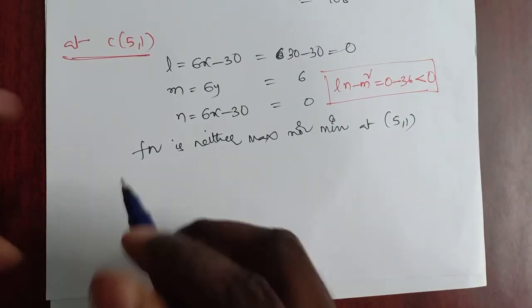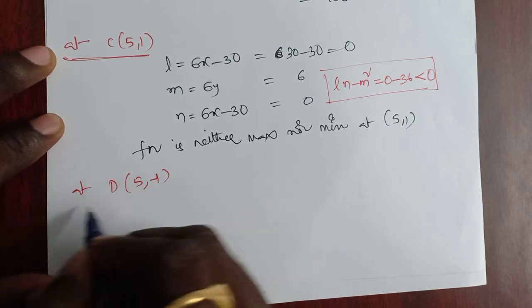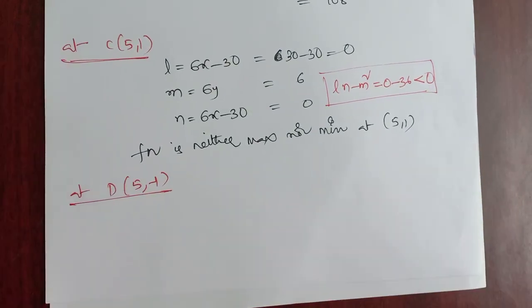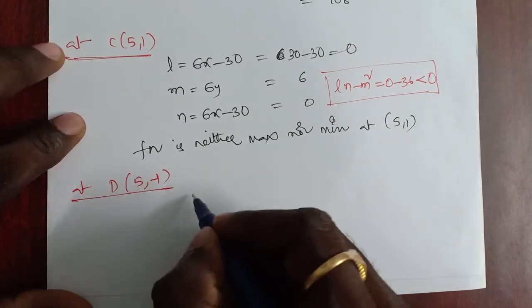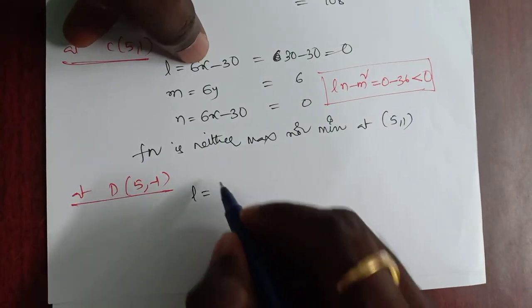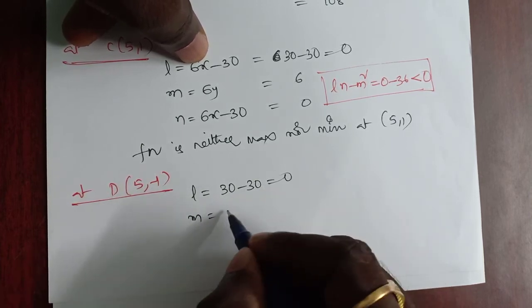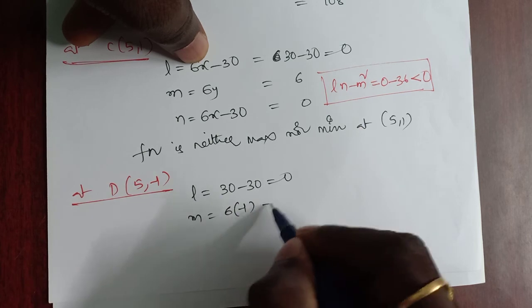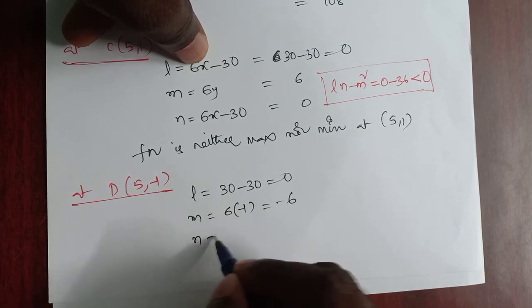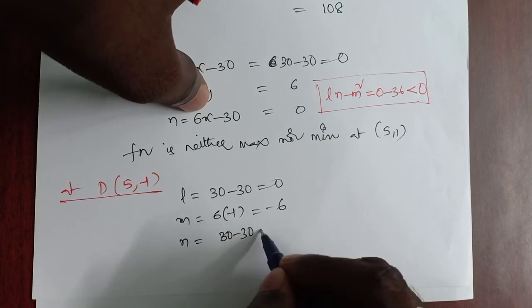Now finally one last one, it is at D, which is 5 comma minus 1. Okay students, now coming to the L, substitute here 6 into 5, 30 minus 30, it is 0. Now M, 6 into y minus 1, that is minus 6. For N, 6 into 5, 30 minus 30, which is 0.